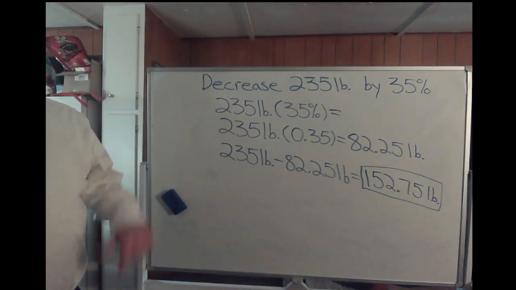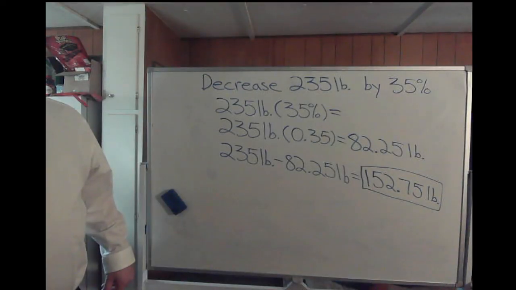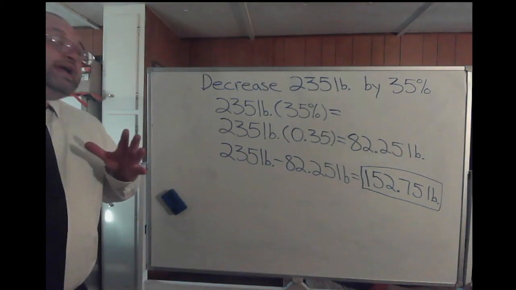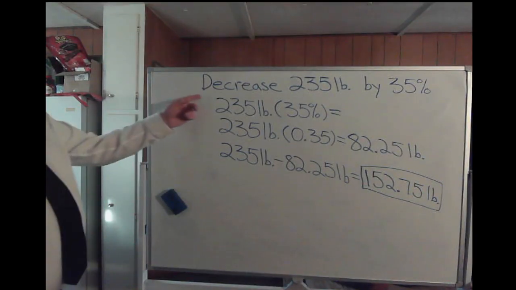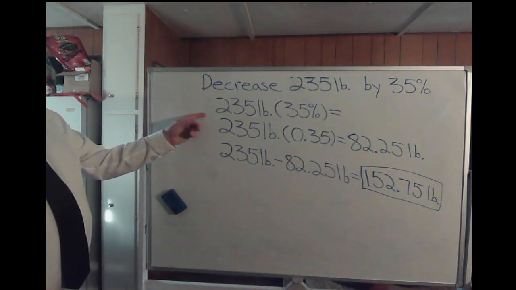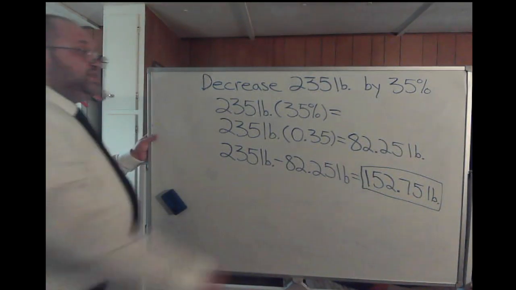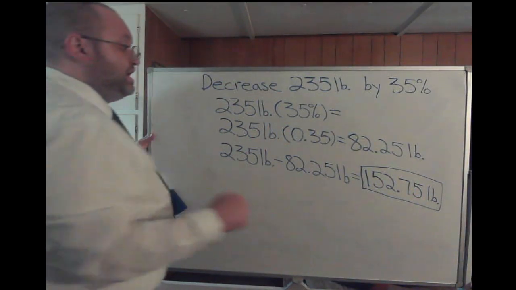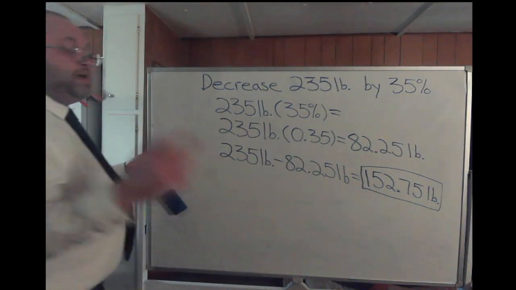Then you'll get your percent of either increase or decrease. Now, if you want to decrease by a percent, you take that percent, multiply it by the original number, and you'll get your amount of change.